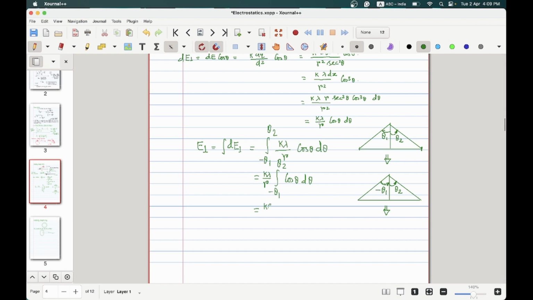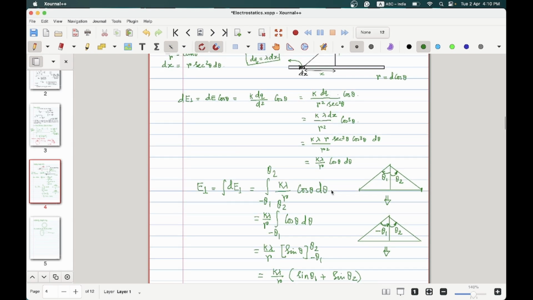So this is k lambda by r, and the integration of cos theta is sin theta, so sin theta 1 plus sin theta 2. This is the expression of electric field.